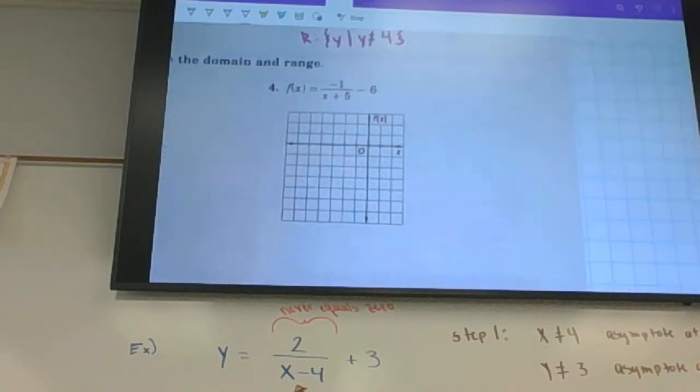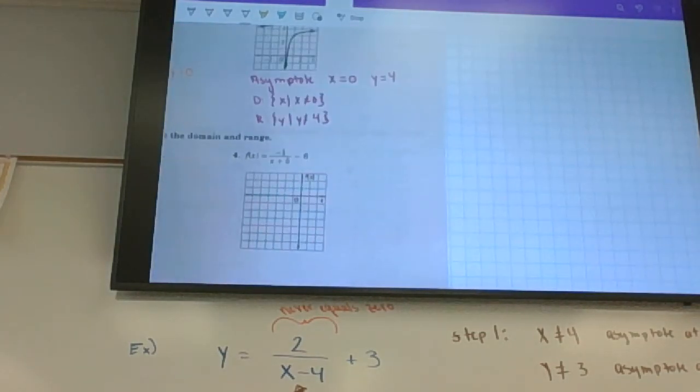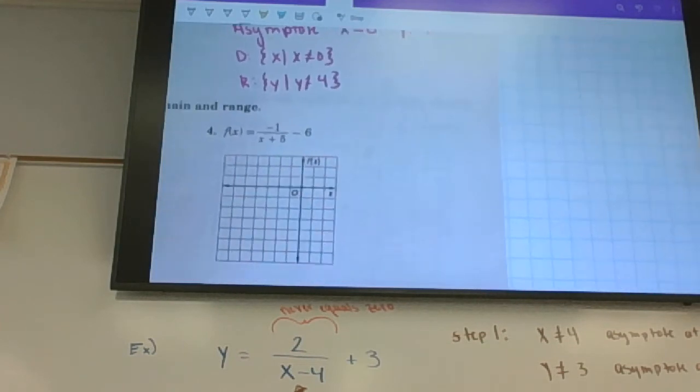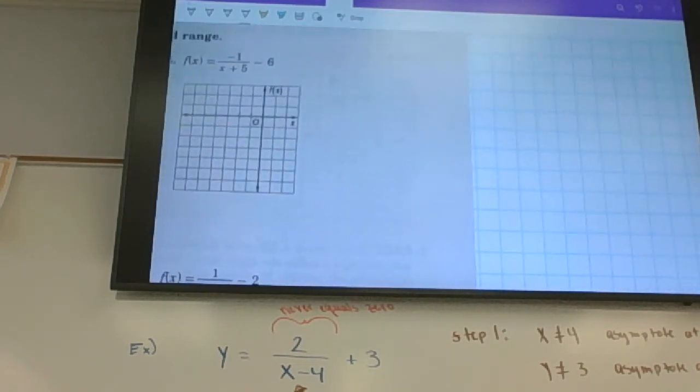I think I'm going to do 4 since I haven't done a negative. Or just set up the table and some points for you.